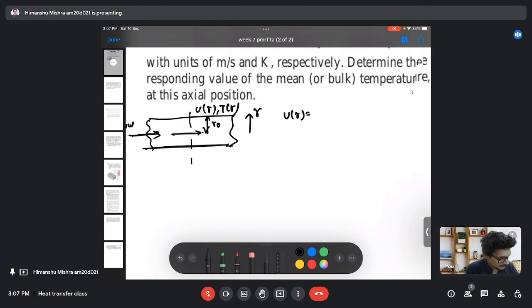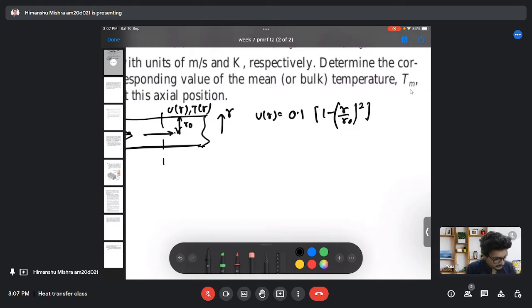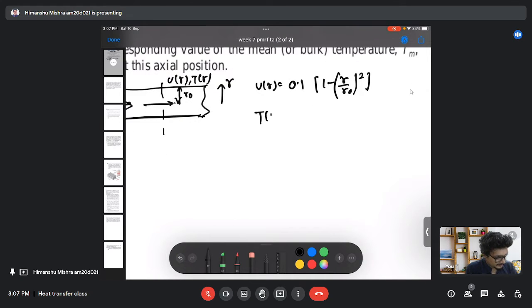The velocity is given as, whereas the temperature is given as.